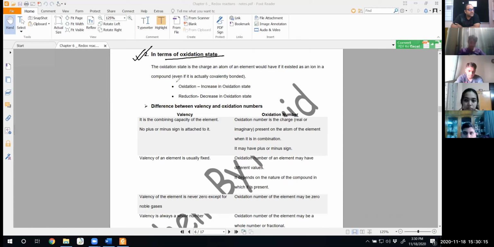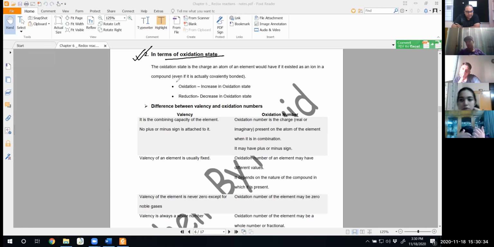So oxidation state is basically the charge of an atom when it's in a combined form or in a compound form.